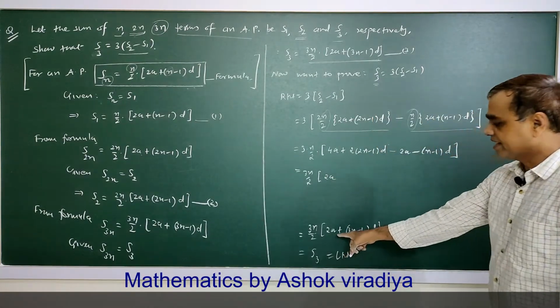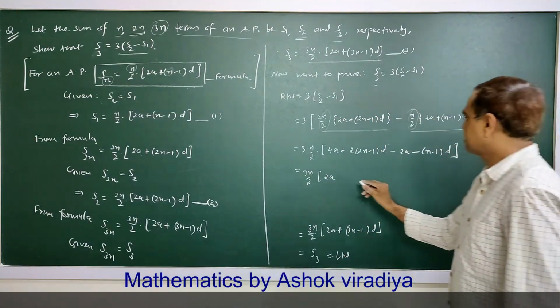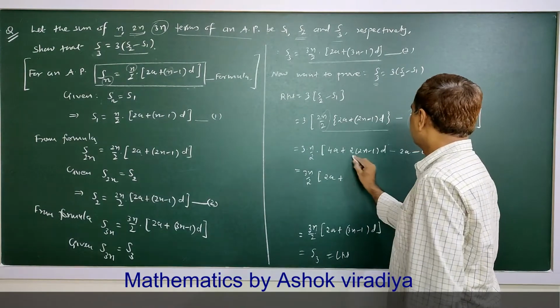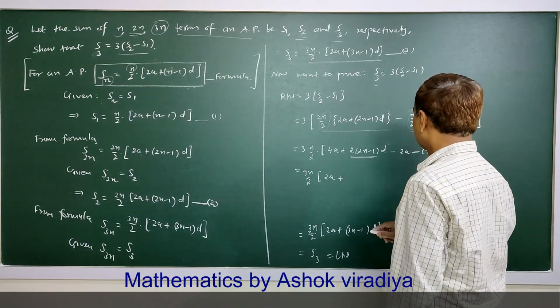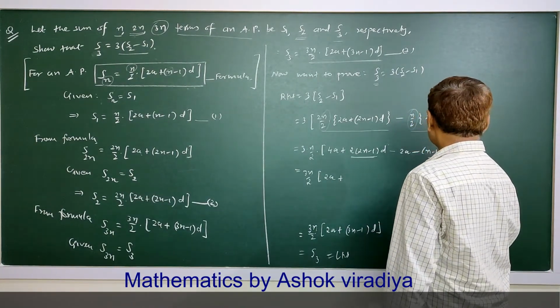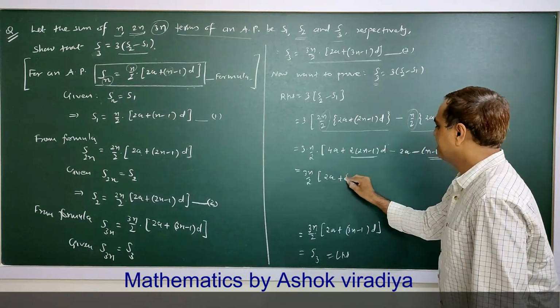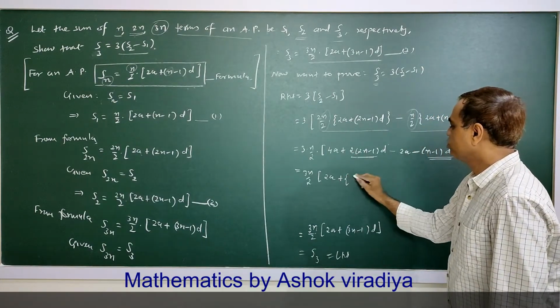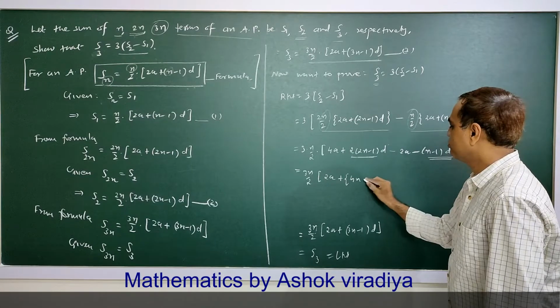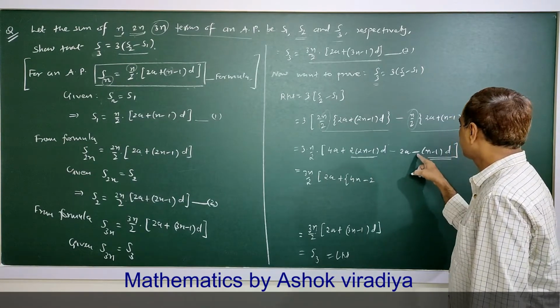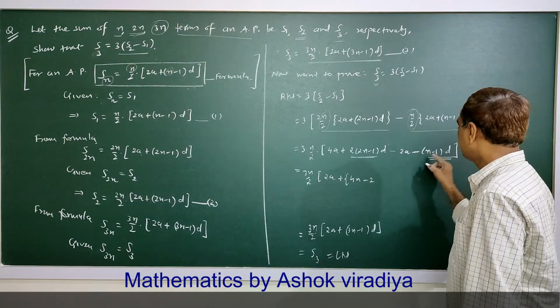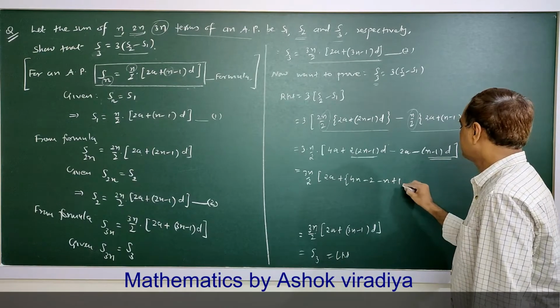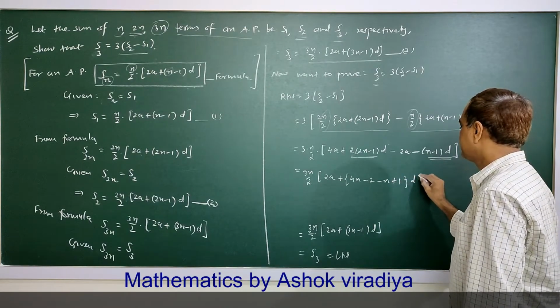Look, we are getting plus, say here, d in these numbers d is common. So taking d common, 2 into 2 4n, 2 into minus 1 is minus 2, minus n plus 1, minus n plus 1 times d.